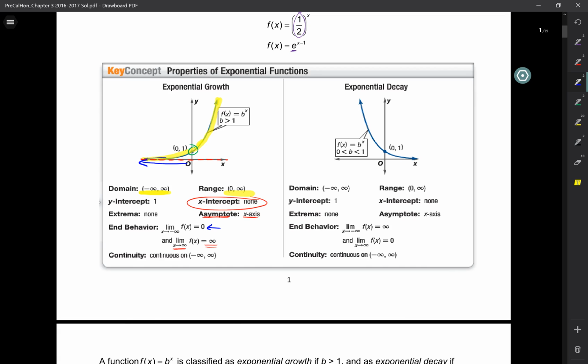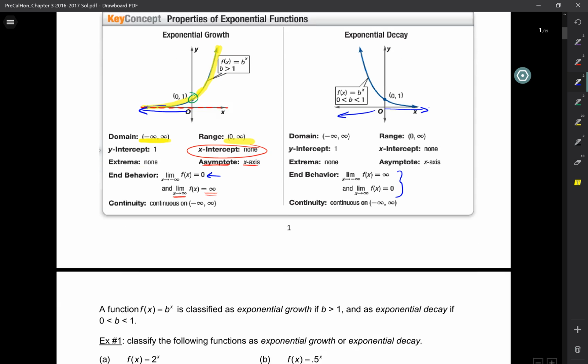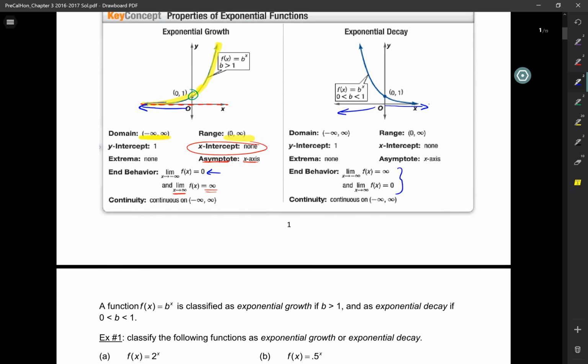Right? And it's very similar for exponential decay. Everything is the same, except that as you go towards the right, your graph approaches 0. As you go towards the left, you go to positive infinity. Now, when you have the graphs given to you, you can tell exponential growth or exponential decay.